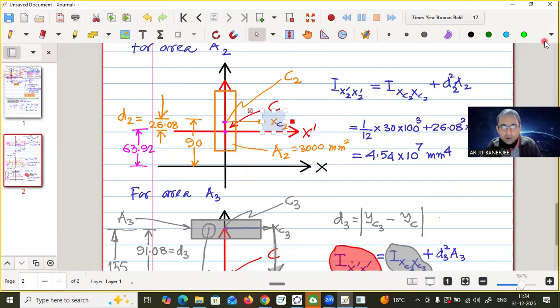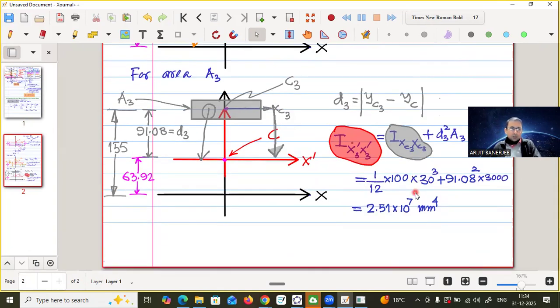Are all following properly? So for each, calculated separately. Yes, yes. That we are doing. Individually we are calculating, then we will simply add. Okay? Then we will simply add. So next we will write for the composite area.